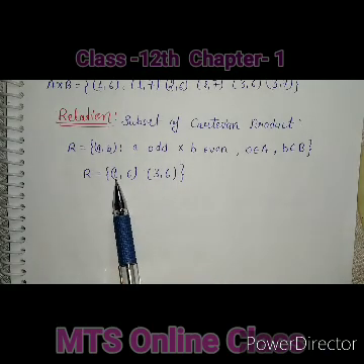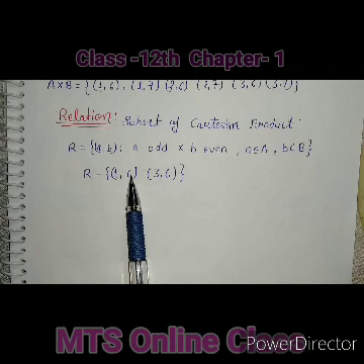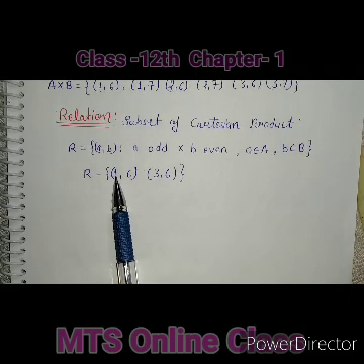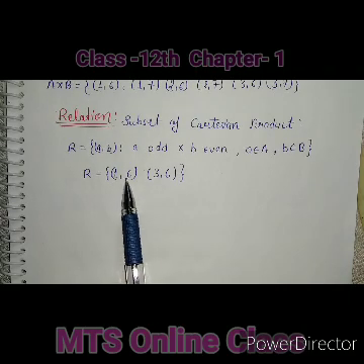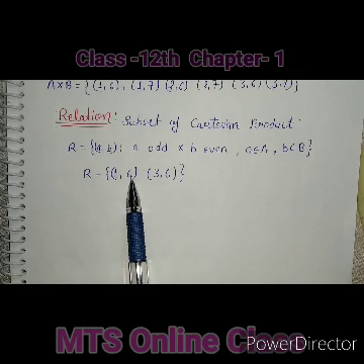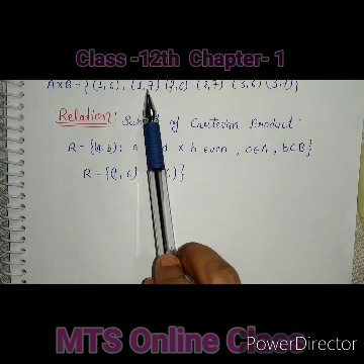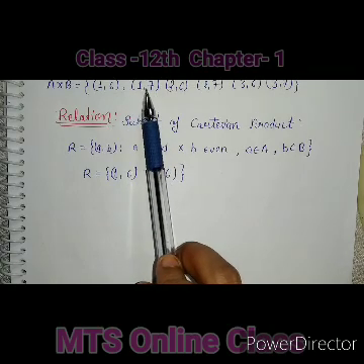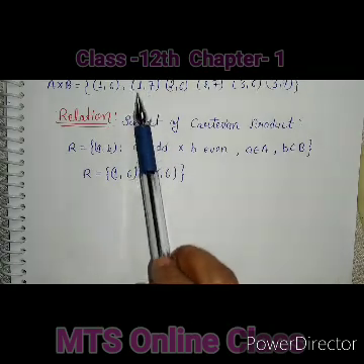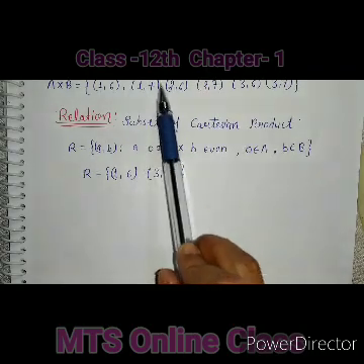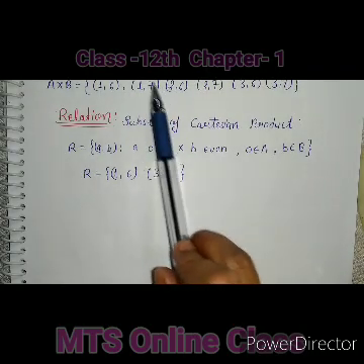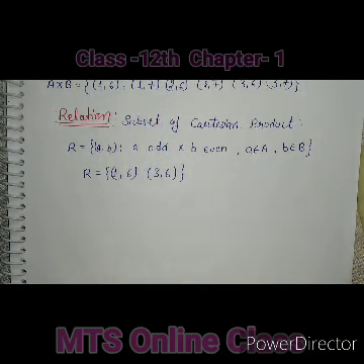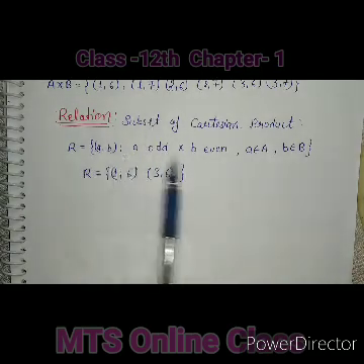So here 1 is odd and 6 is even, and 1 belongs to capital A and 6 belongs to capital B. The second one is (1, 7). We know 1 and 7 both are odd numbers. So this ordered pair does not satisfy our relation.